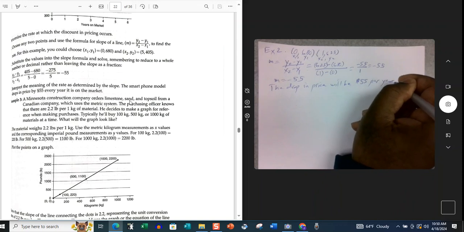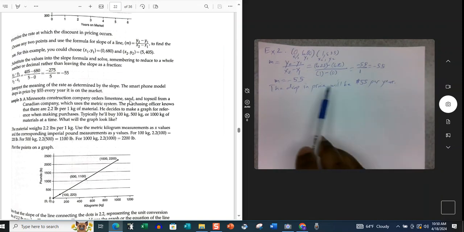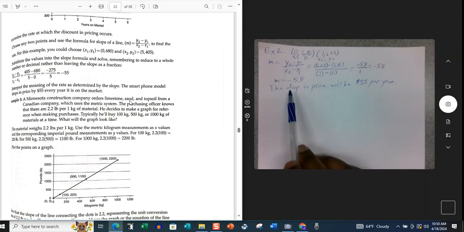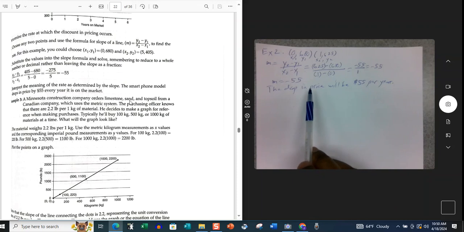Now, if you notice, when we're writing out the explanation, we don't put a negative with the 55, but because we say the drop in price, we know automatically that that's a negative 55.